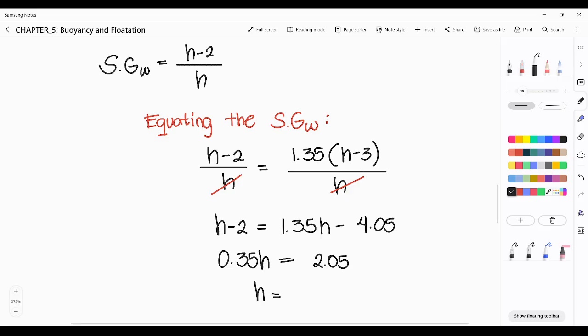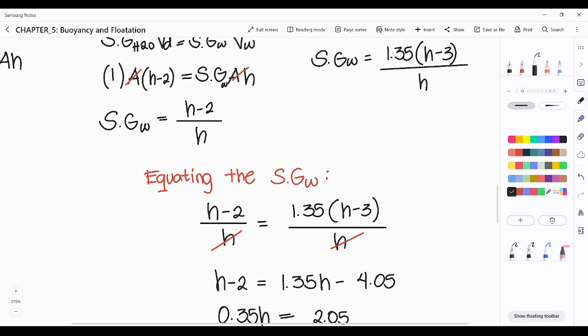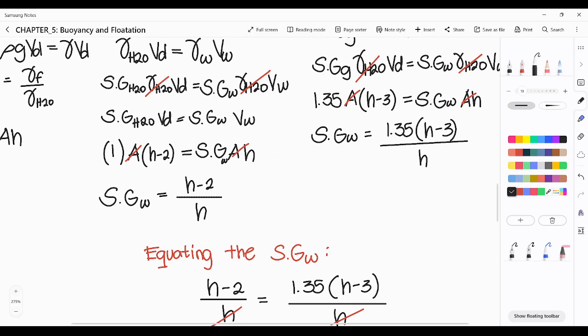Alright. 2.05 divided by 0.35, we have 41 over 7 inches. So that is the value of our h. Now that we got the value of our h, we can just plug it in to whatever equation we want.